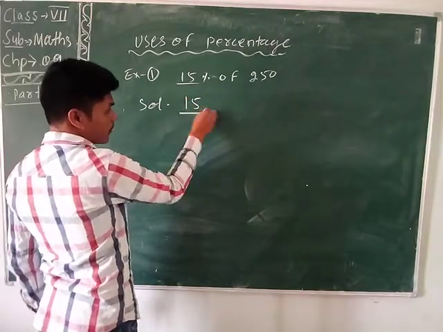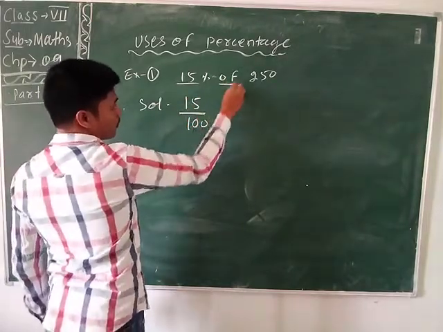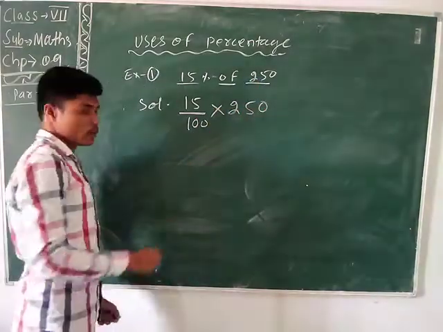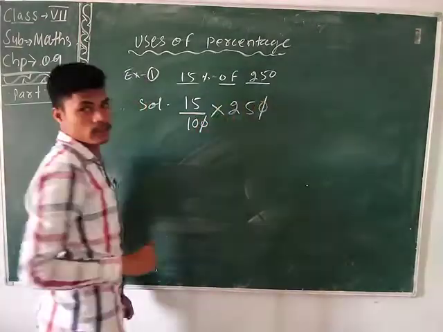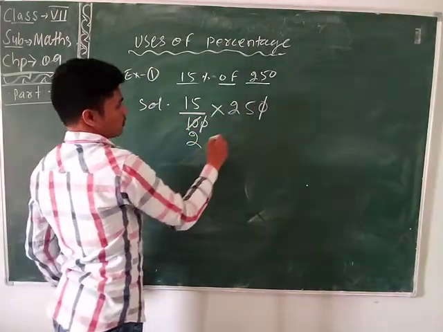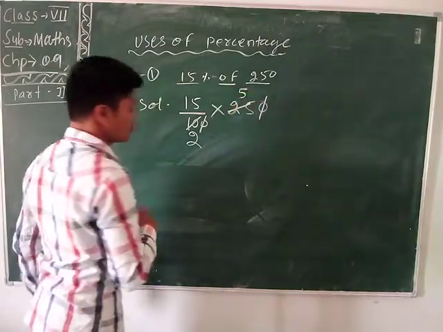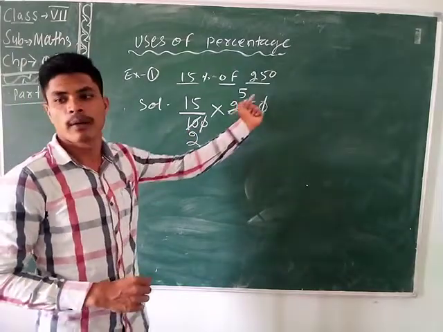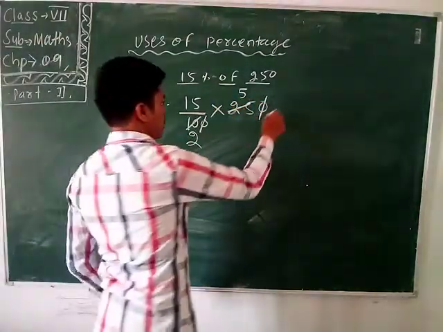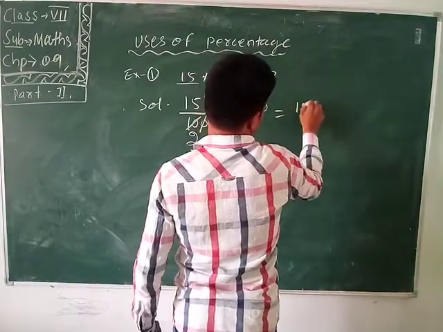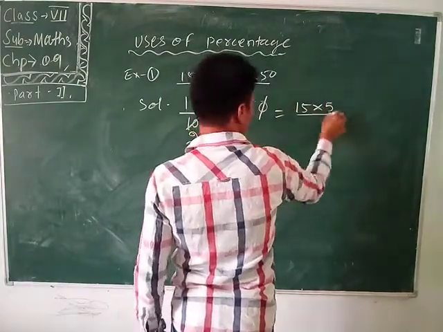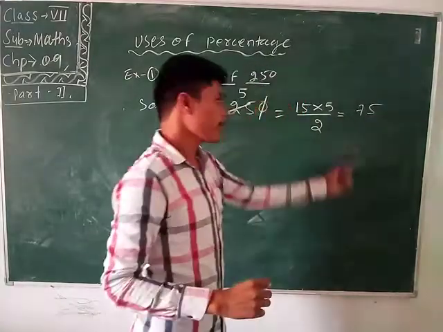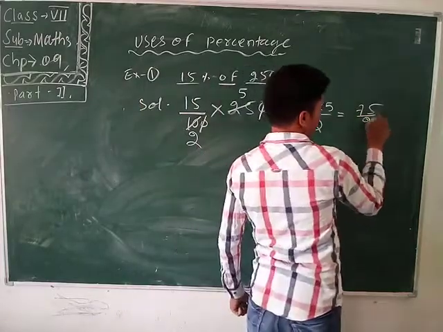15% means 15 by 100, and "of" means multiplication, so 15 by 100 times 250. Here the zero cancels, 5 tens are 50... 5 fives are 25. Now 15 into 5 by 2 equals 75 by 2.